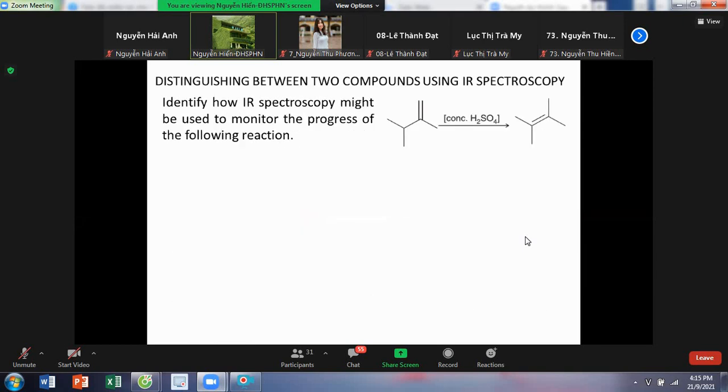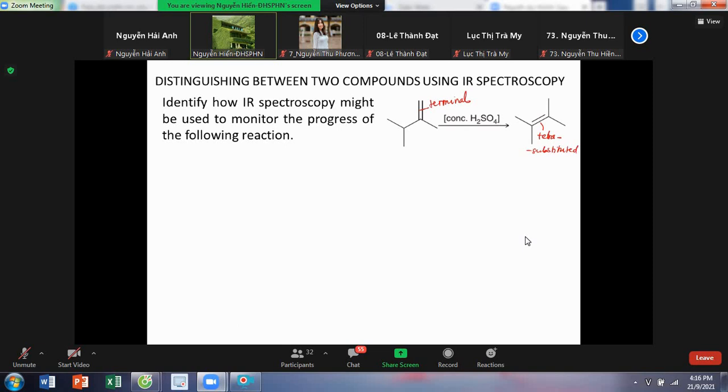Okay, identify how infrared spectrums might be used to monitor these reactions. So first you have a terminal alkene, and then you have a substituted alkene.